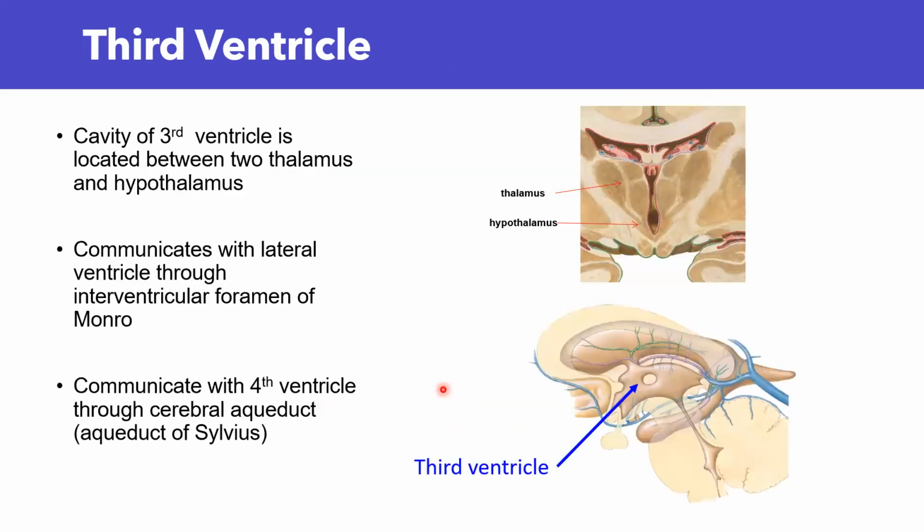Let's go to the third ventricle. The cavity of the third ventricle is located between the two thalami and the hypothalamus. It communicates with the lateral ventricle through the interventricular foramen, or foramen of Monro, and communicates with the fourth ventricle through the cerebral aqueduct of Sylvius.